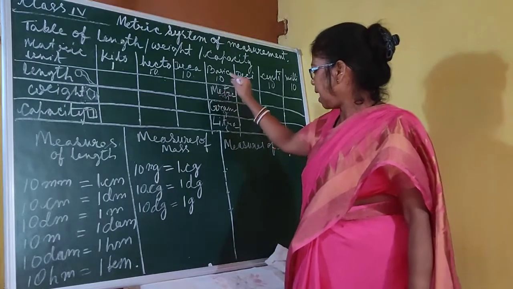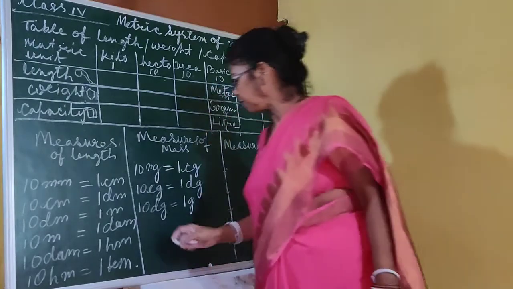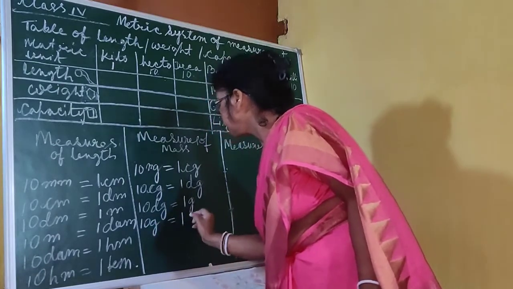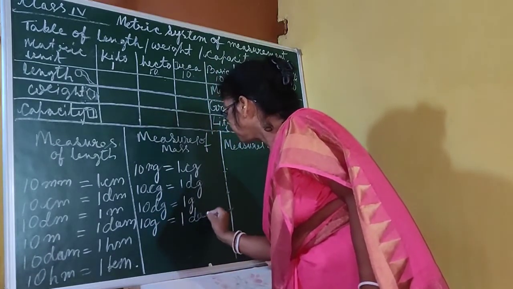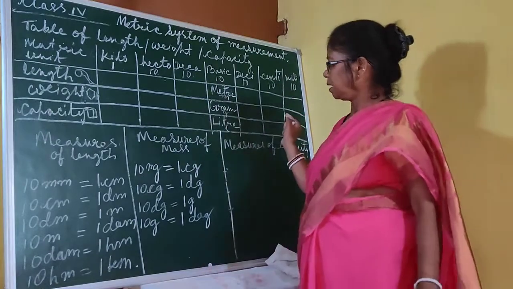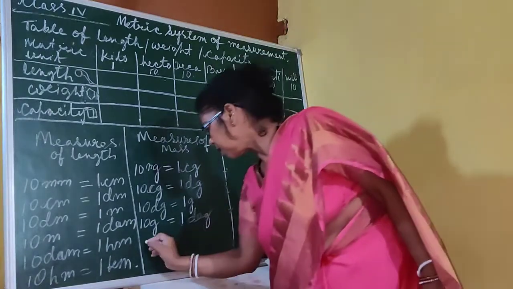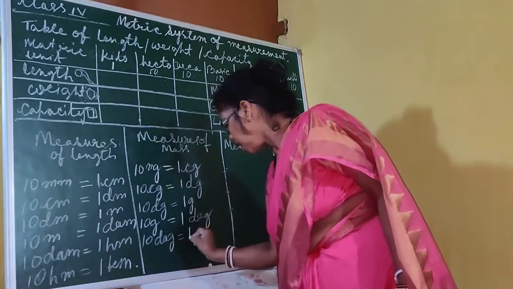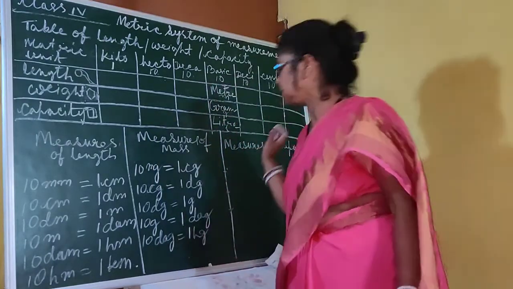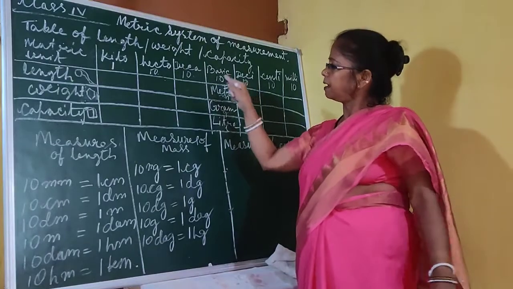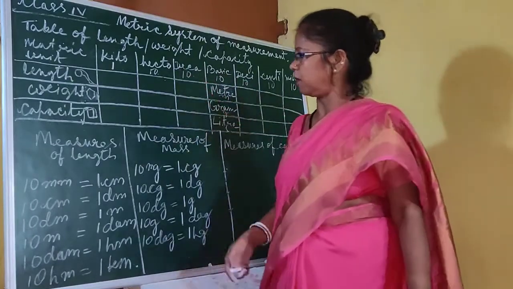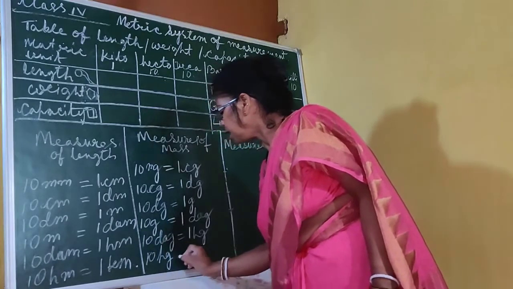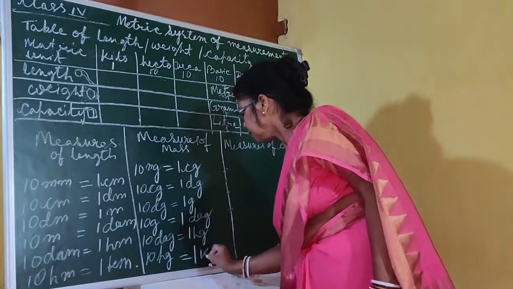Then 10 gram, 1 decagram, DAG. Then 10 decagram, 1 hectogram, HG. Then 10 hectogram, 1 kilogram. 10 Hg equal 1 kg.